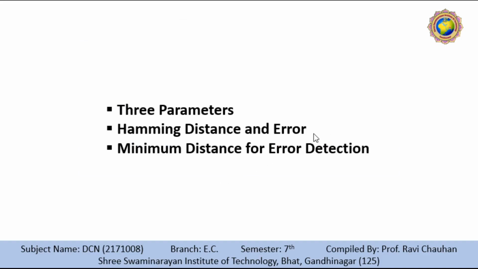Next is Hamming distance and error. Before we explore the criteria of error correction and detection, let us discuss the relationship between the Hamming distance and errors occurring during transmission. When a code word is corrupted during transmission, the Hamming distance between the sent and the received code word is the number of bits affected by the error.